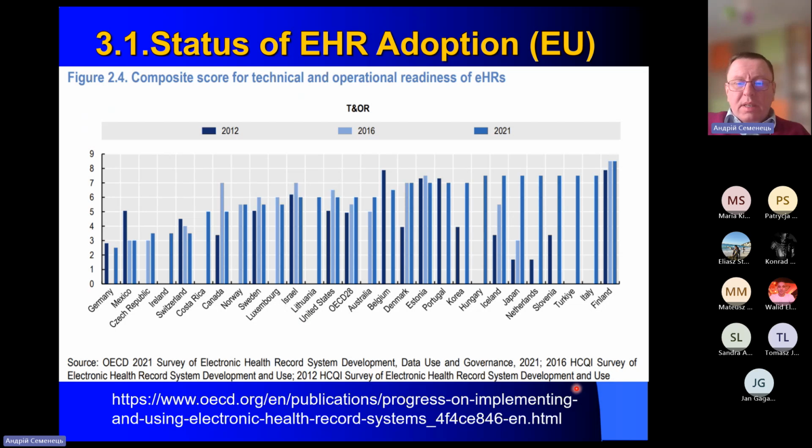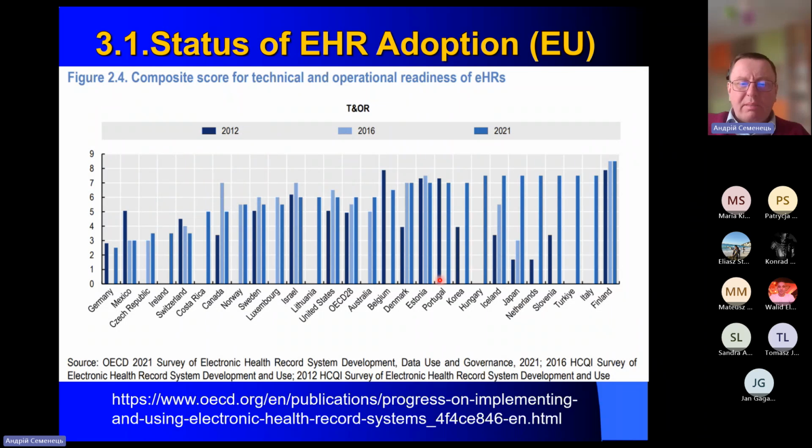As you can see, the leader is Finland, which has accomplished almost everything at a perfect level. In other cases, even such highly developed countries as the United States or Germany have many issues with this.